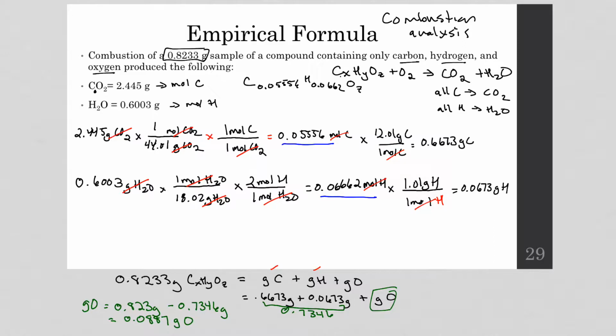So now I know how much oxygen I have, so now I can just jump right up here and have 0.0887 grams of oxygen, and I can get my moles of oxygen. So I have grams, moles, and 1 mole of oxygen is 16.00 grams of oxygen.